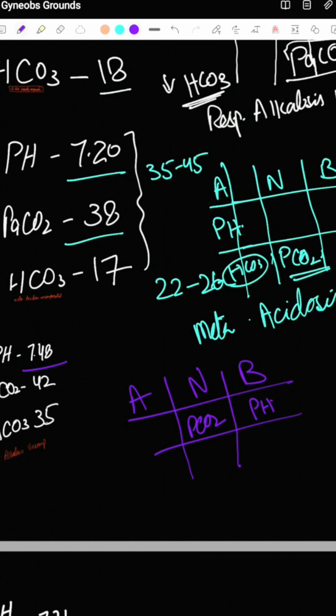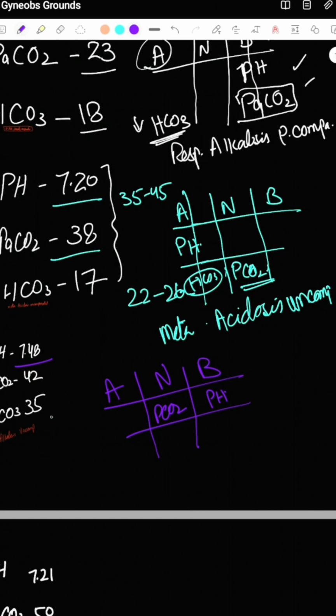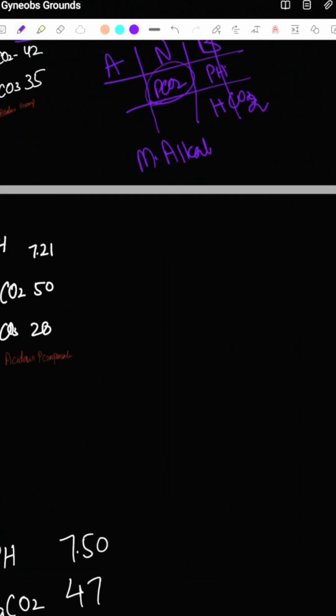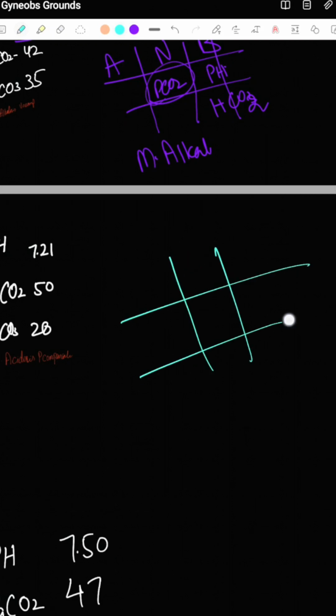Then HCO3, the normal is 22 to 26, so it is more, so it will again come under the base. So this is metabolic alkalosis, uncompensated. Now let's move to our next example.